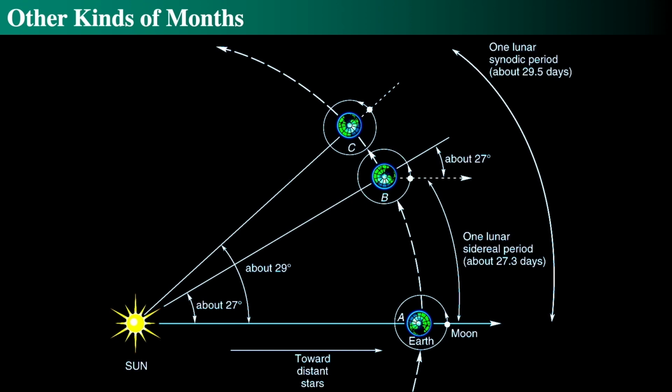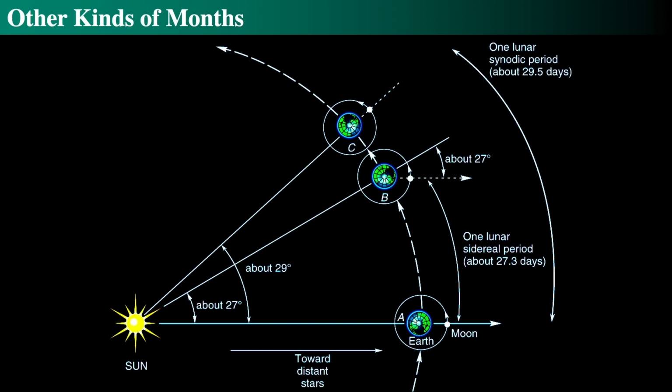Next, the anomalistic month, which is an important one as well. The anomalistic month is also a variation of the sidereal month. It's a slightly different flavor, and it's about 27.55 days. Now, what is this then? The reference line is instead the line of apsides, meaning the line between the 2 points on the moon's orbit, apogee and perigee, the highest point in an orbit from the Earth and the lowest point.